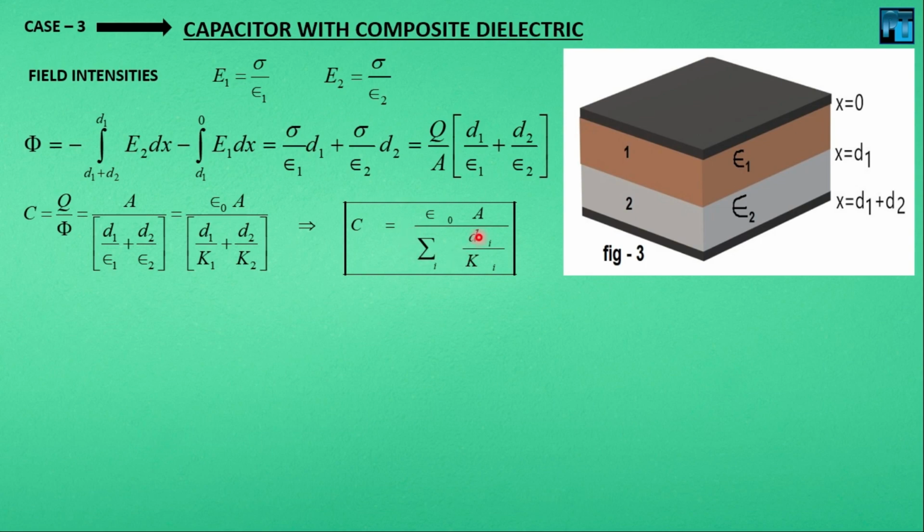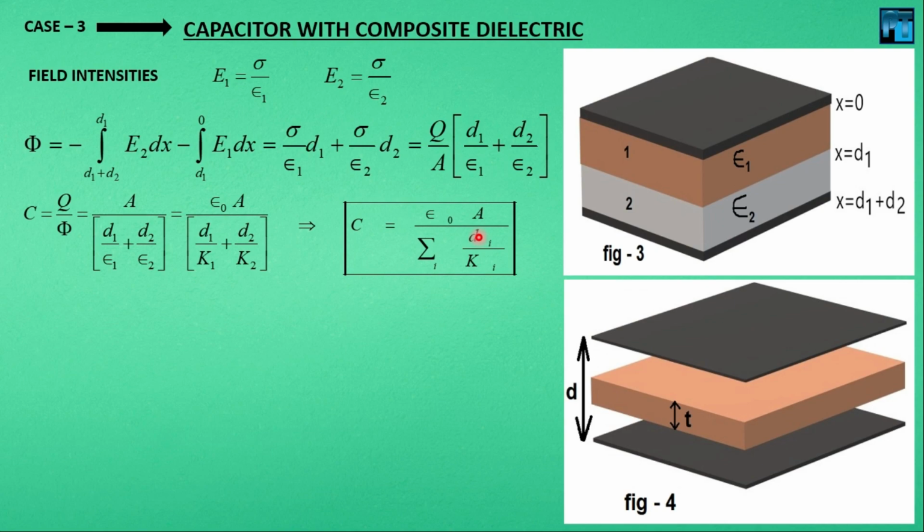Now what if we have this? See, this is actually an air capacitor, and I have just put a dielectric substance of thickness T in such a way that it is not composite, not uniform.